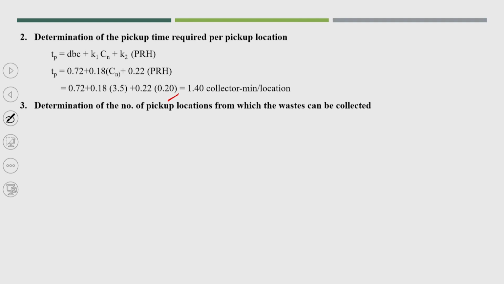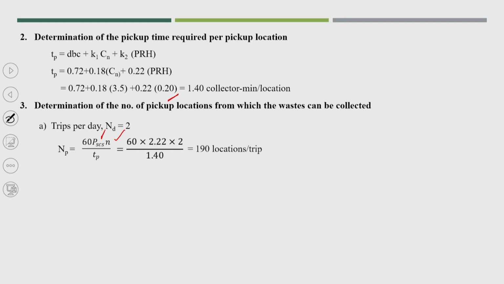Now, once the TP is known, we can calculate number of pickup locations for trips per day, NP we can calculate. Now, here N is 2, okay, for ND 2. So, in both the cases the pickup time is different here, okay, PSCS value.